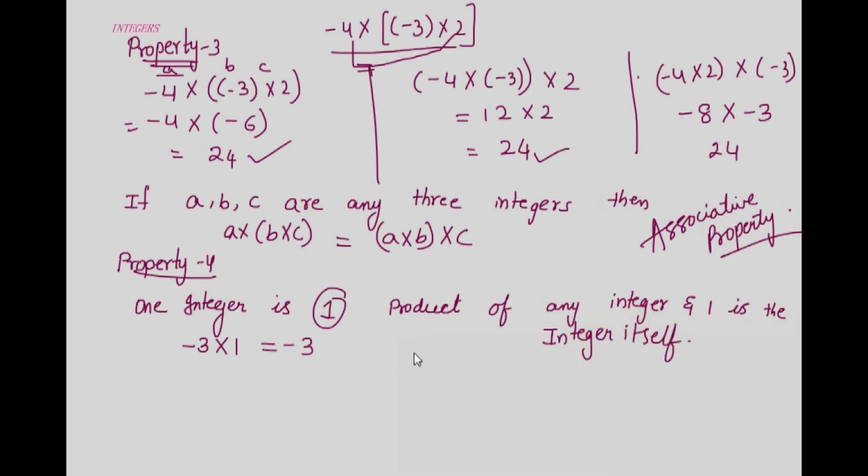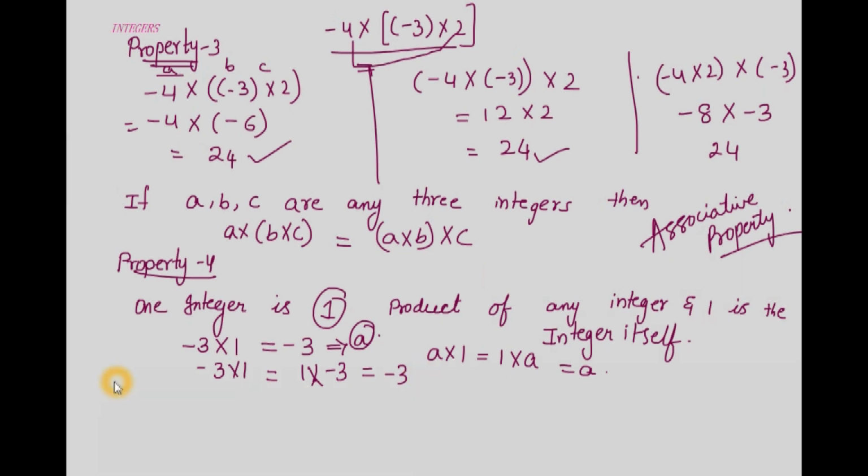If a is any integer, let us take this 3 as a, then a into 1 is equal to 1 into a is equal to a. Let us see here, minus 3 into 1 is equal to minus 3 and 1 into minus 3 is also equal to minus 3. So, a into 1 is equal to 1 into a is equal to a.